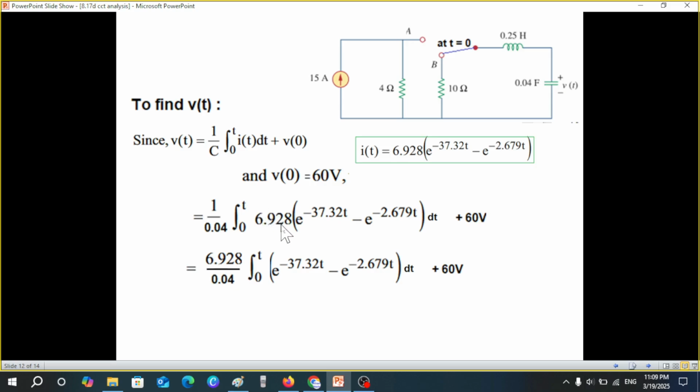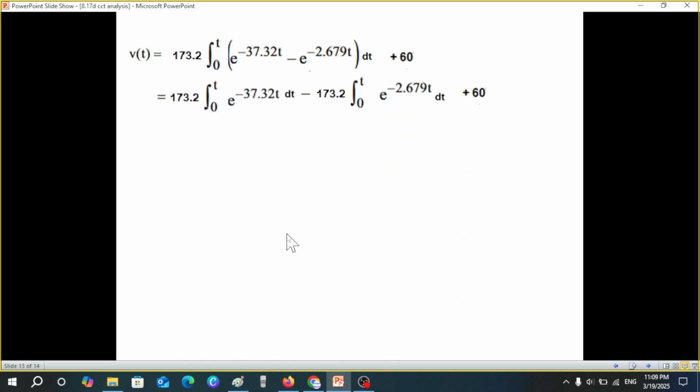We take 6.928 outside, this one, and this dividing will be 173.2. And now we separate the two terms, 173 and the first term, and then minus 173 and the second term, integral, plus this constant 60.